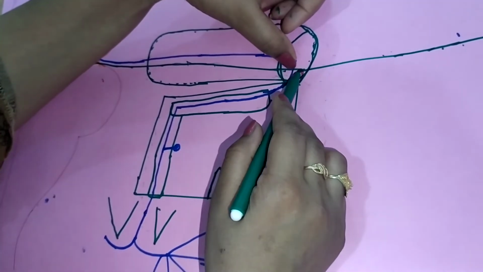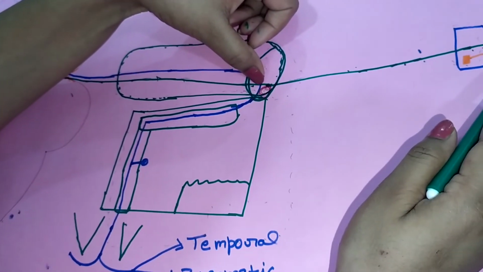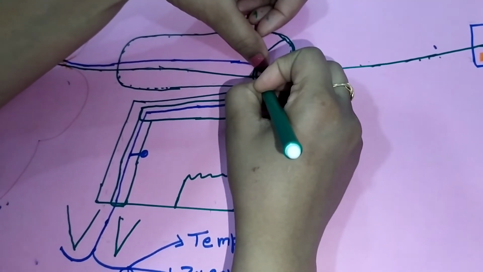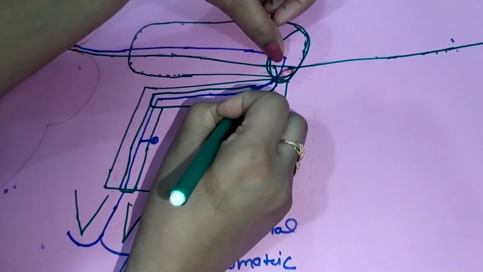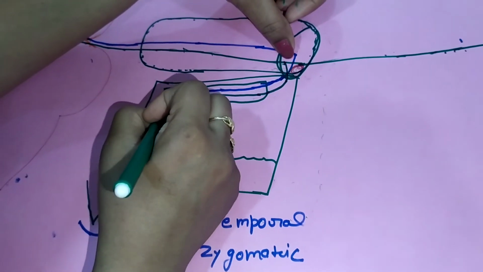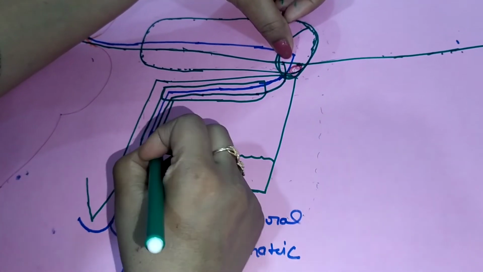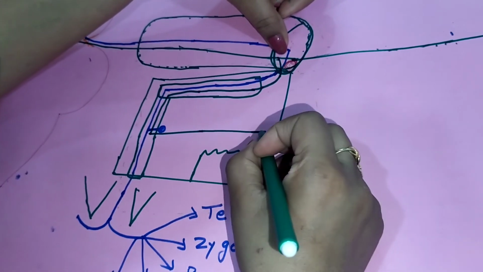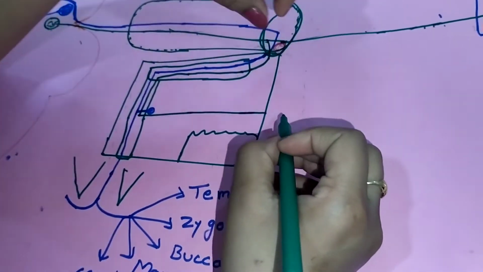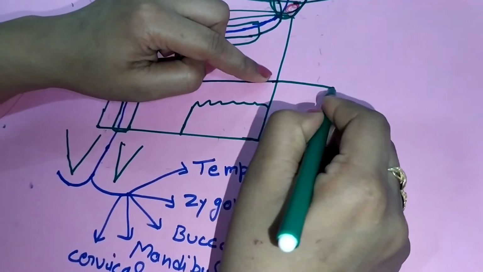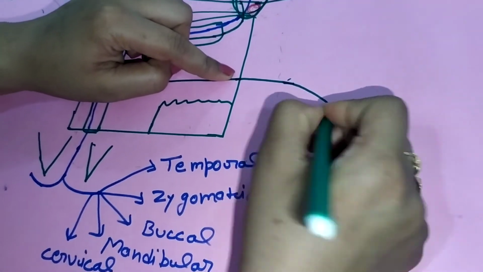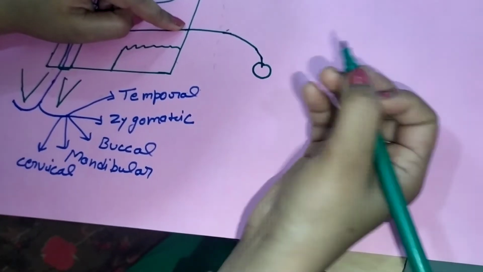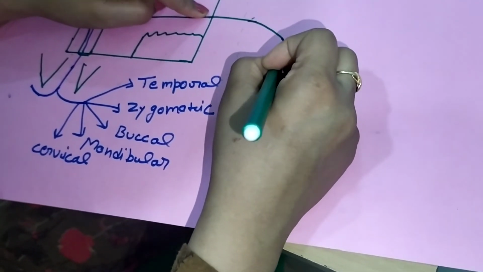Here the parasympathetic fibers of the lacrimation move into the middle cranial fossa, and fibers of the salivation get separated and enter inside the canal, move horizontally, vertically, and then jump into the cavity, and from here exit from the ear and come inside the infratemporal fossa, where these preganglionic fibers end by joining with the ganglia.